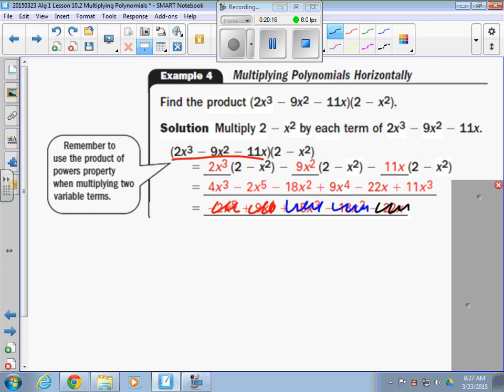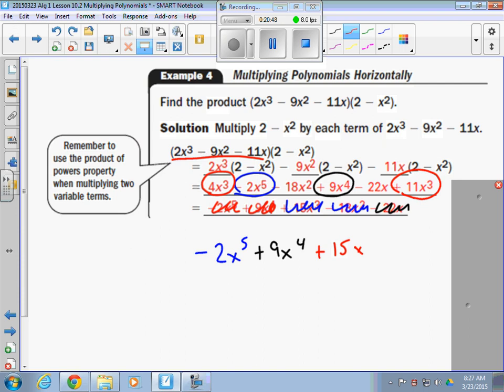So when you combine your like terms, remember you're writing it in standard form. The biggest one is the fifth power, so negative 2x to the fifth goes first. Then the next biggest is x to the fourth power, 9x to the fourth power. There's only one. Then you have x to the thirds: 4x to the third plus 11x to the third, so 4 plus 11 is 15x to the third.